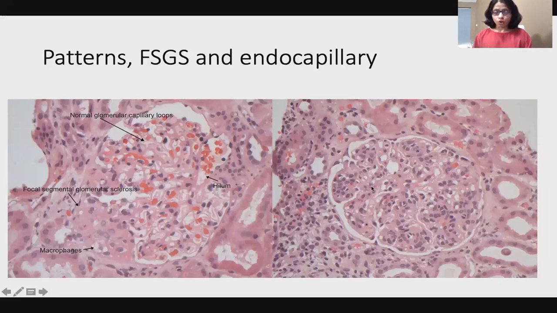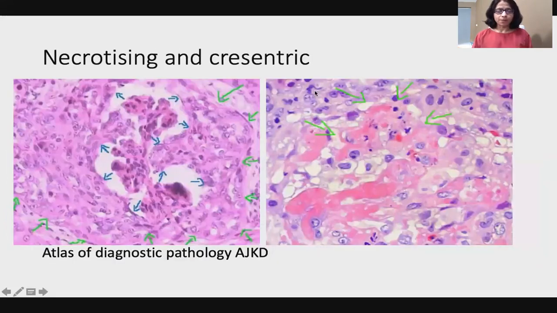The mesangium also looks more prominent, so we can easily recognize it. When we look at the capillaries, this area looks very busy. In a normal glomerulus, the capillary loops are nice and widely patent, but that's not the case here. They seem to be full of cells. So that's your endocapillary or membranoproliferative pattern.